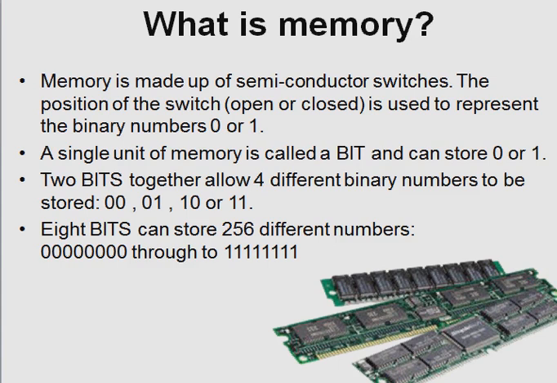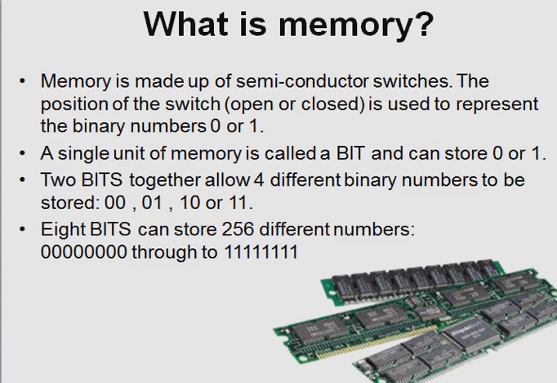A single unit of memory is called a bit. So if you are going to save any file in your computer, then that file is also going to be saved in the form of 0 and 1 only. If you ask what is the smallest unit of the memory, then the smallest unit of the memory will be a bit.